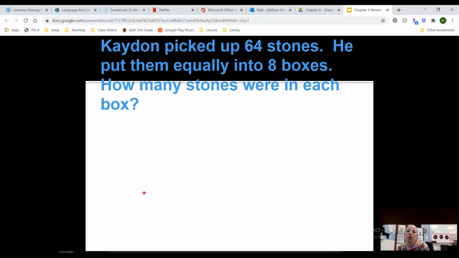Caden picked up 64 stones. He put them equally into 8 boxes. How many stones were in each box? Let's pull our numbers. Please write 64 and 8. Now let's look for our keywords. One of our keywords is the word equally. When I say equally, it always means division.